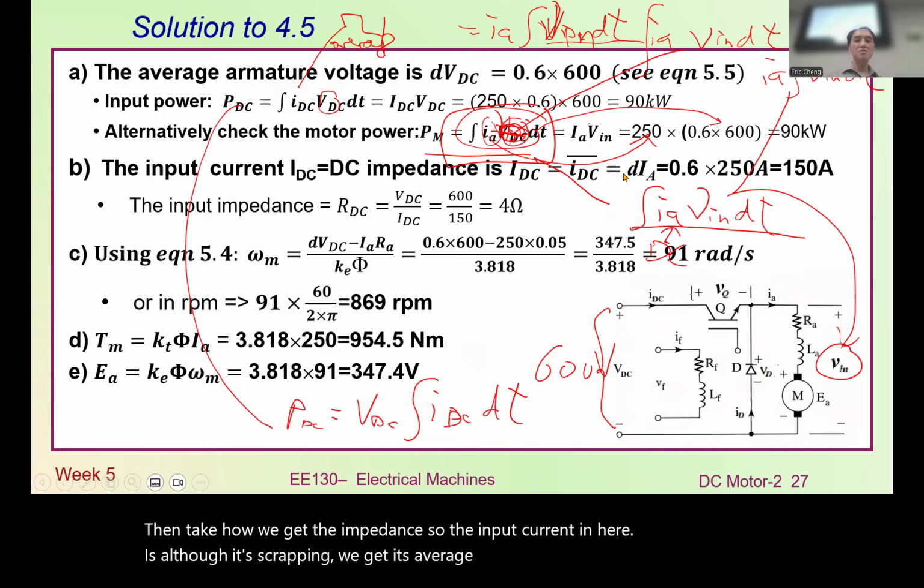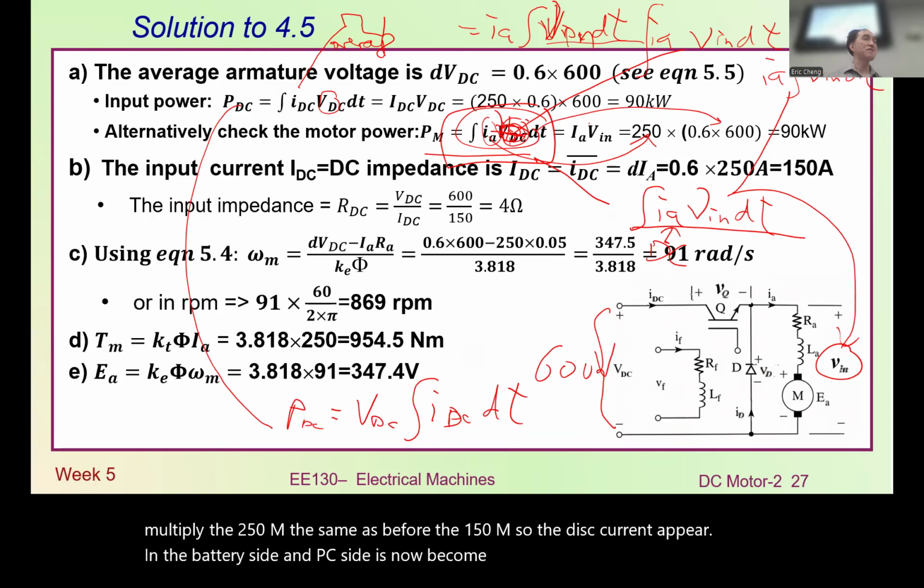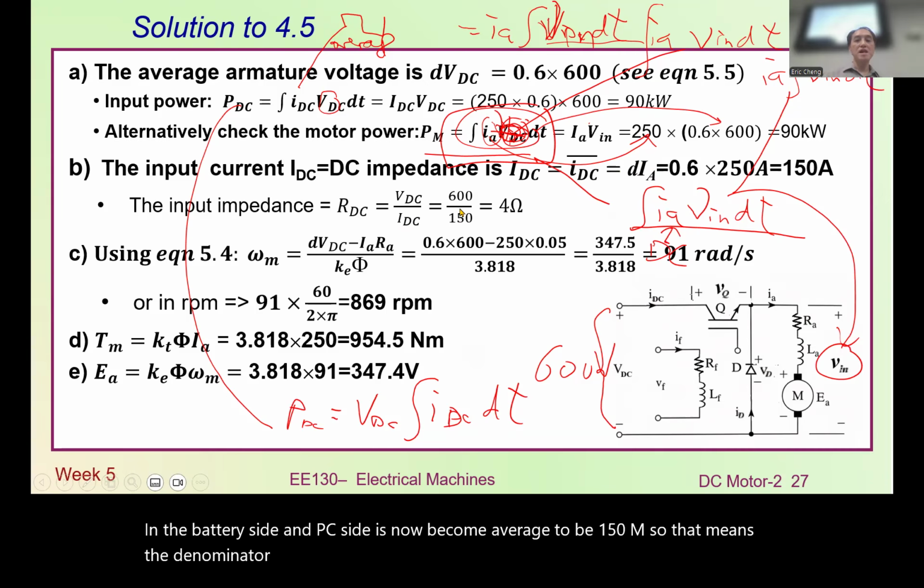So again, it's the duty ratio multiplied by 250 amp, the same as before, giving 150 amp. So this current that appears on the battery side, the DC side, now becomes an average of 150 amp. So the denominator is 150, and the DC voltage of the battery or DC source is 600 volt. So now the impedance is 4 ohm.